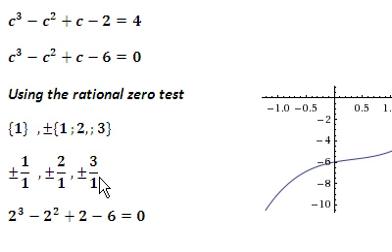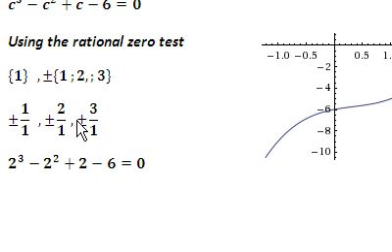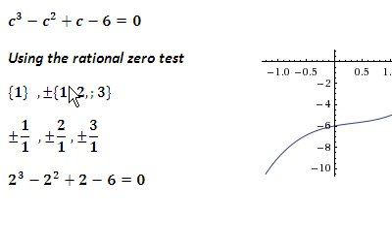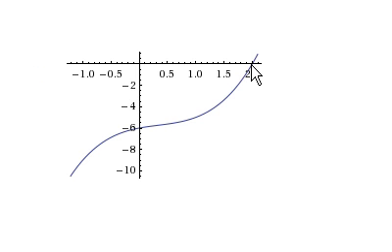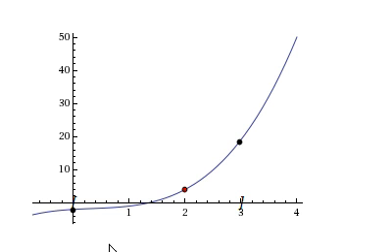And then you look at all of these, and whichever one makes the 0, that's going to be the winner. And it happens to be 2, so if you plug 2 in, you end up getting 0 out. And what I did here is I actually graphed this function. As you can see, it crosses here at 2. Alright, so here's our graph, and here's 2, and there's the point.